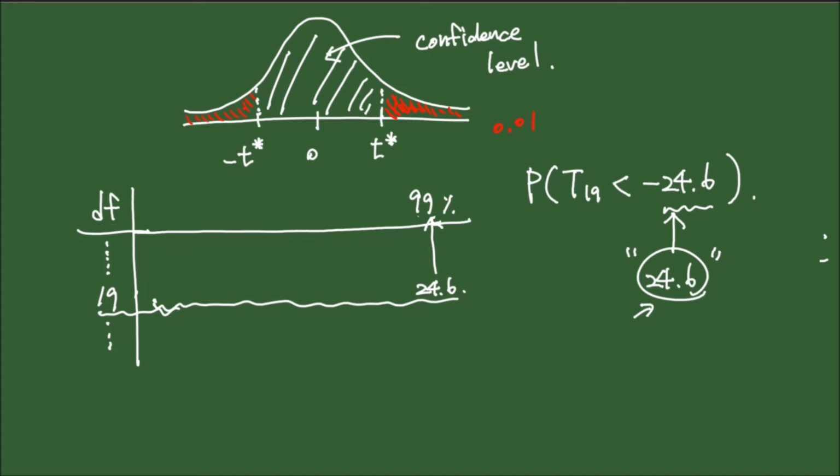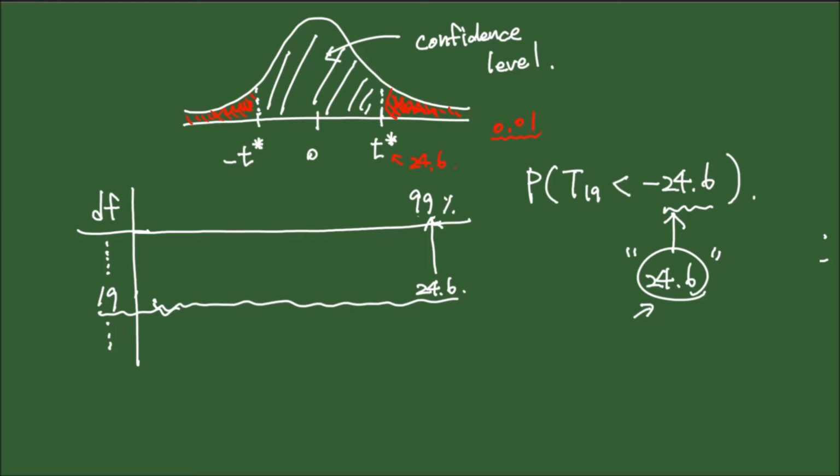So if t star is 24.6, then the summation of this area and that area will be 0.01.